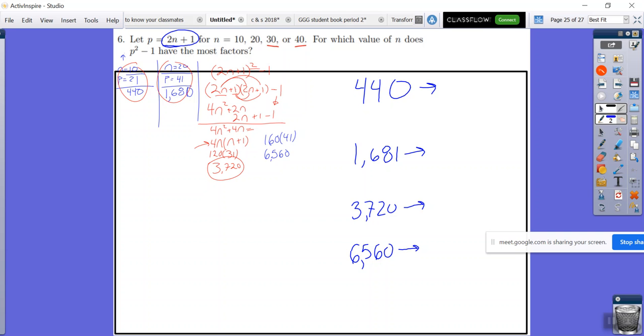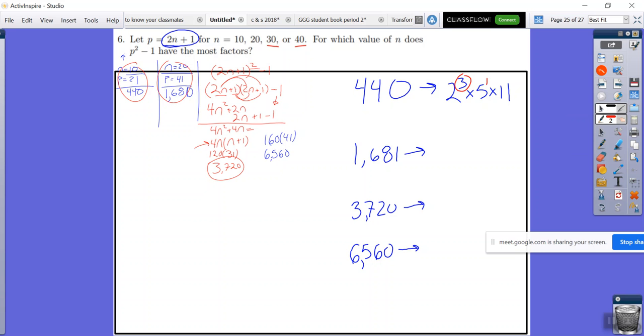All right. So what is the prime factorization of 440? Go ahead and shout it out if you happen to know. 2 to the third, then 5 and 11. Okay. So this is how you figure out how many factors there are for a number. You take the exponents. In this case, the exponent is 3. What's the exponent for 5? 1.